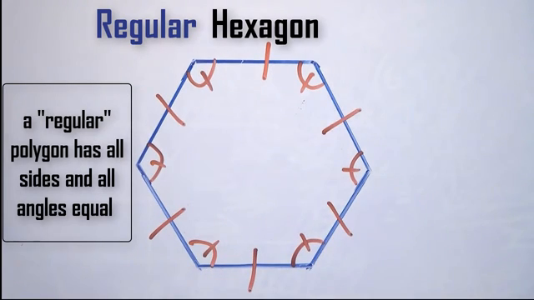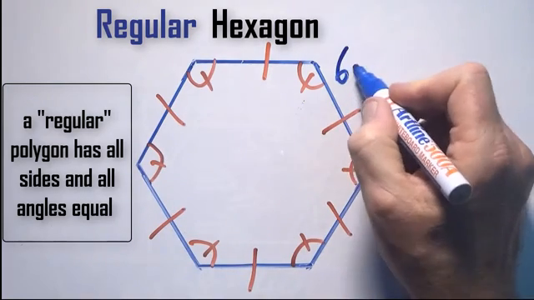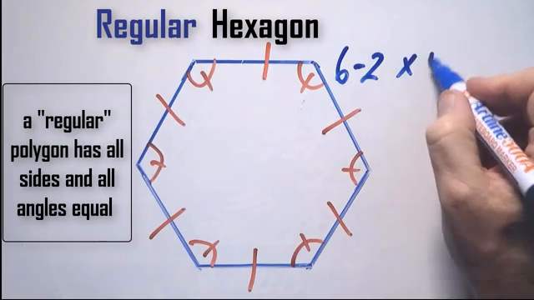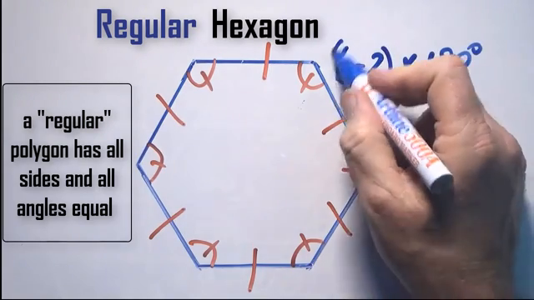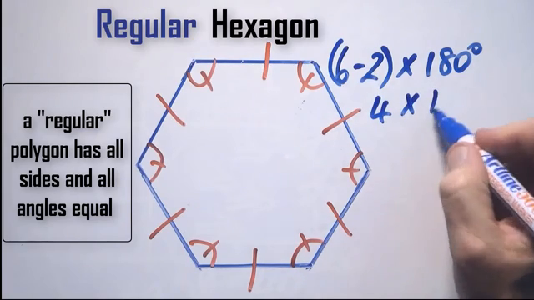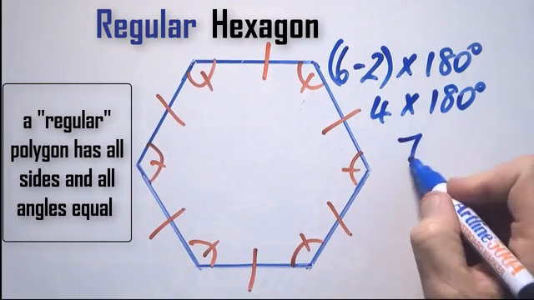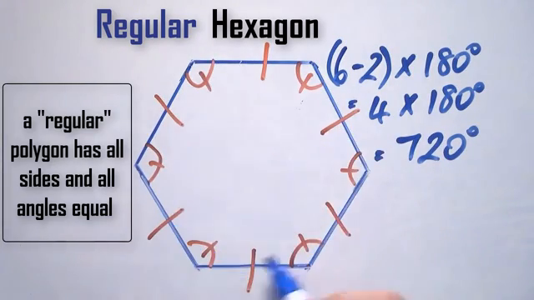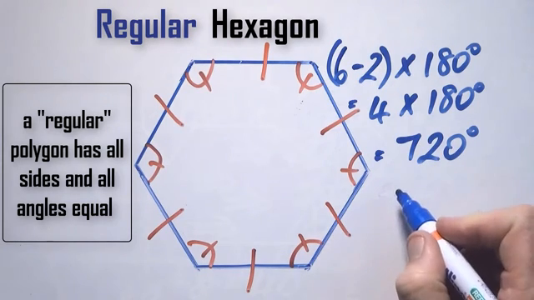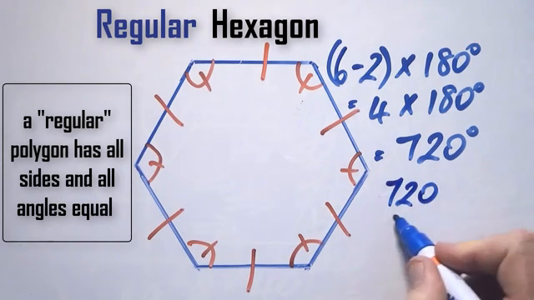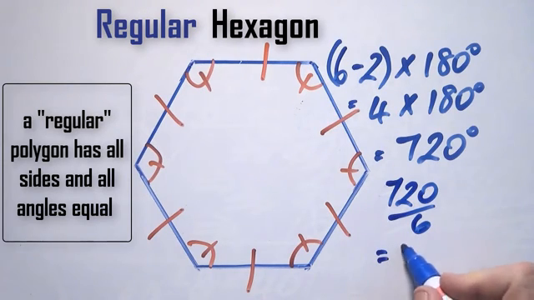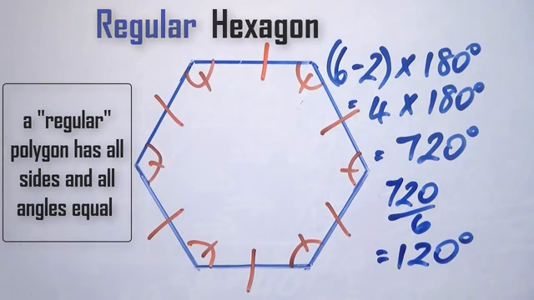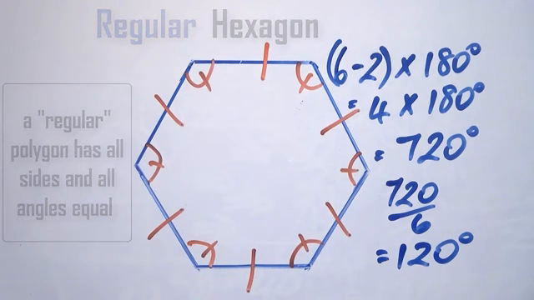Now we know from our formula that the interior angle sum of this polygon would be 6 minus 2 times 180 degrees, which is 4 times 180 degrees, which is 720 degrees. It has all angles the same, in this case 6 angles the same, so we just divide 720 by 6, and the answer is 120 degrees for each angle of this regular hexagon.